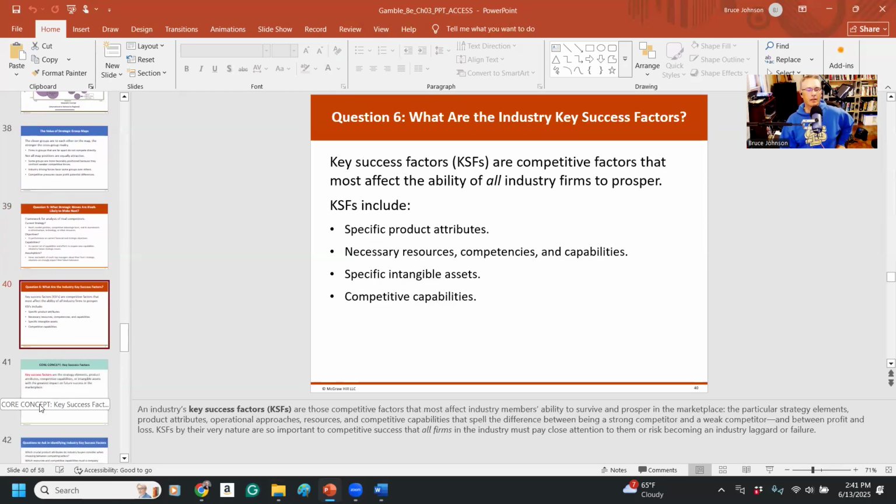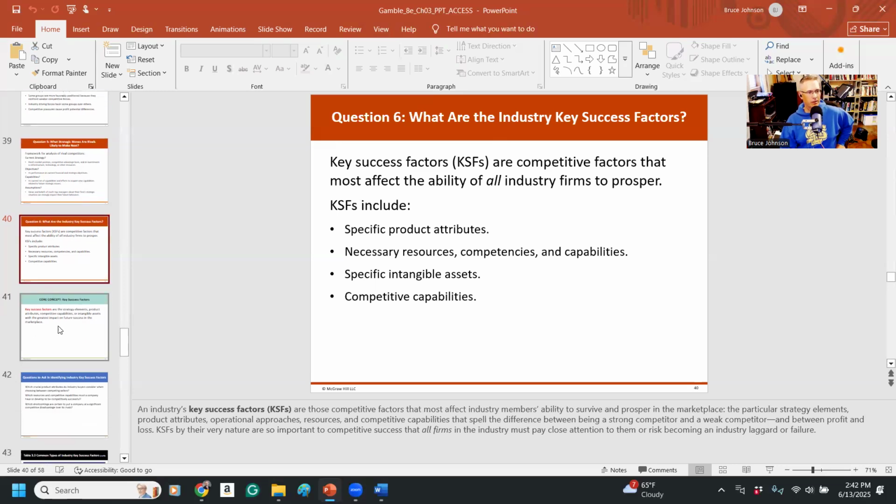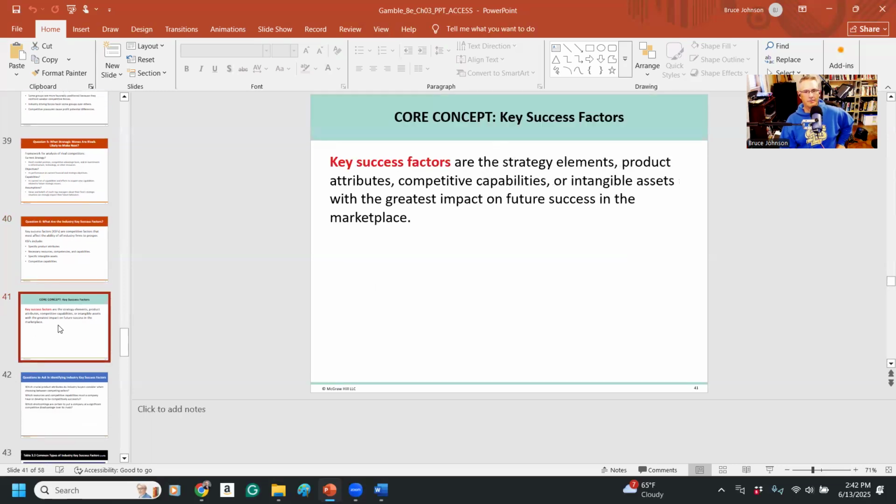So your book talks about KSFs, key success factors. These are some examples. I almost never hear the term KSF as key success factors. You hear KPI, key performance indicators, all the time. KPIs and KSFs are not the same thing, but I just have not heard of KSFs almost anywhere.